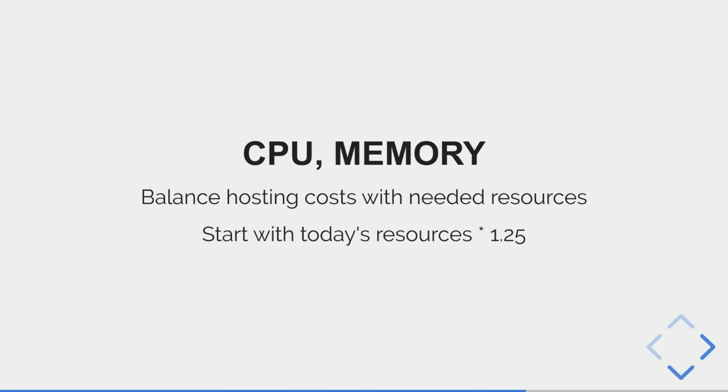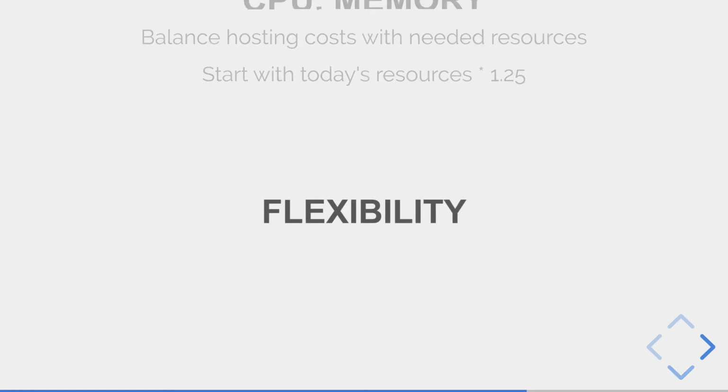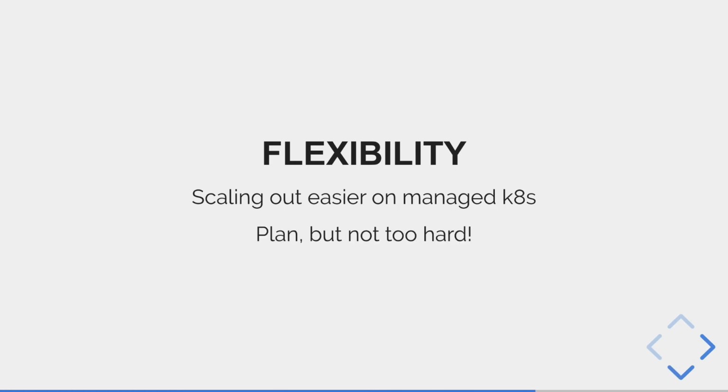So start with the resources you need to run your application right at this moment, and multiply it by 125%. This will give you enough wiggle room to make sure that your application will run for the next several months, if not the next year or two. In all of this, flexibility is one thing that Kubernetes gets you. Scaling out is a lot easier on managed Kubernetes, and it is an expected thing that you're going to do. So plan, but not too hard.